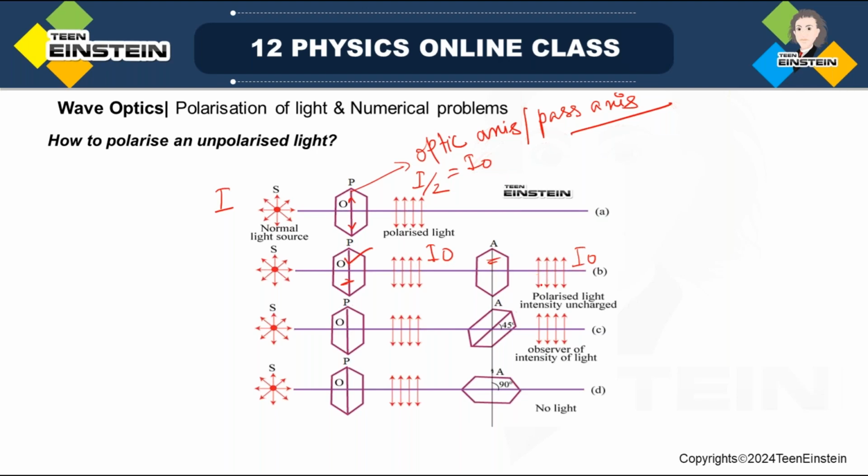Which is seen through the analyzer. Now if the analyzer, or optic axis of the analyzer, is rotated about the direction of incident ray, this is the direction of incident ray, then we see intensity variations.